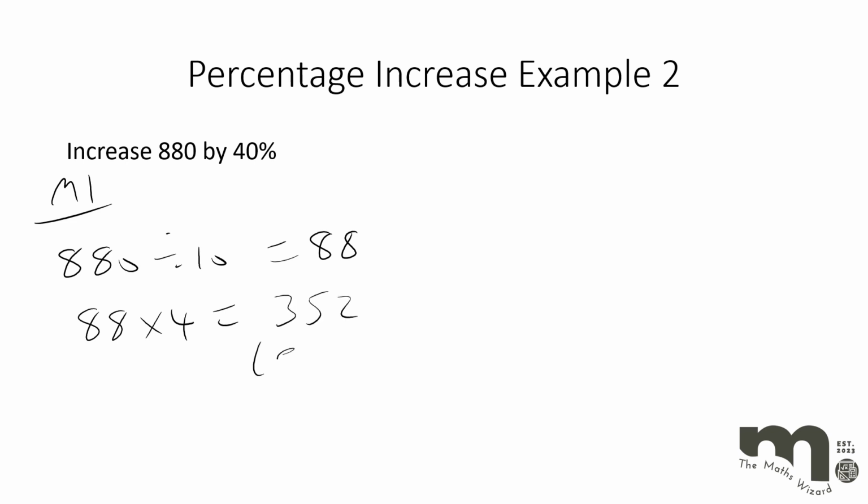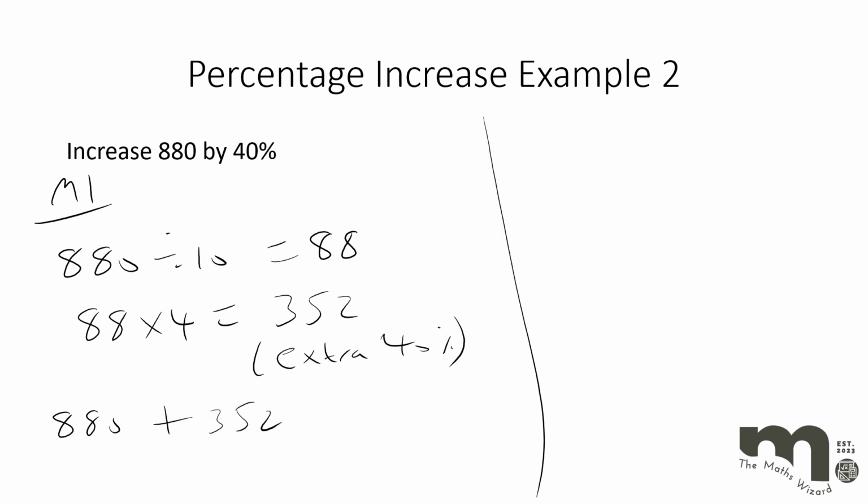So that is your extra 40%. Then you can add that on to 880. That will give you 1,232. So that will give you your new amount, including your 40%.